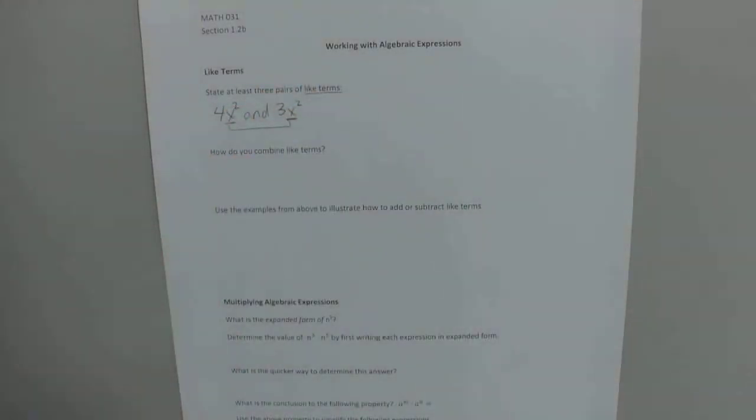Why are those like terms? Well, what do they both have for their variable and exponent? They both have that x squared feature. The coefficients, the number in front, that 4 and that 3, they do not have to match, okay? So it's just the variables.